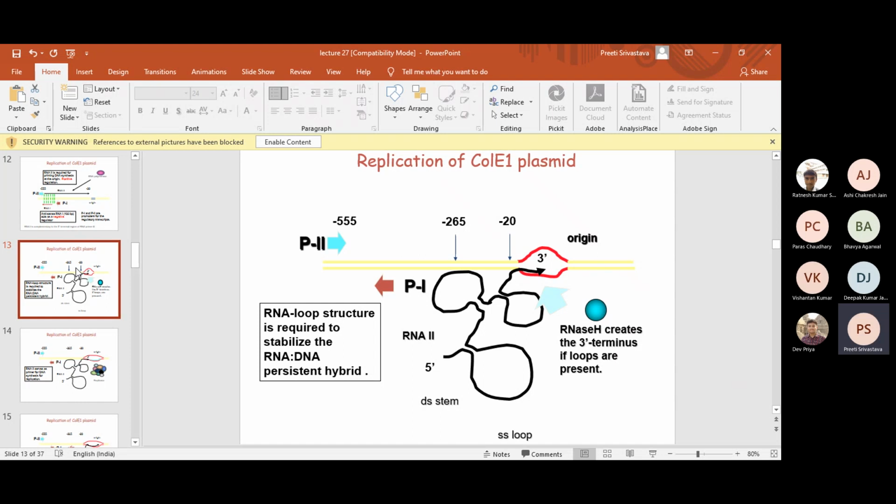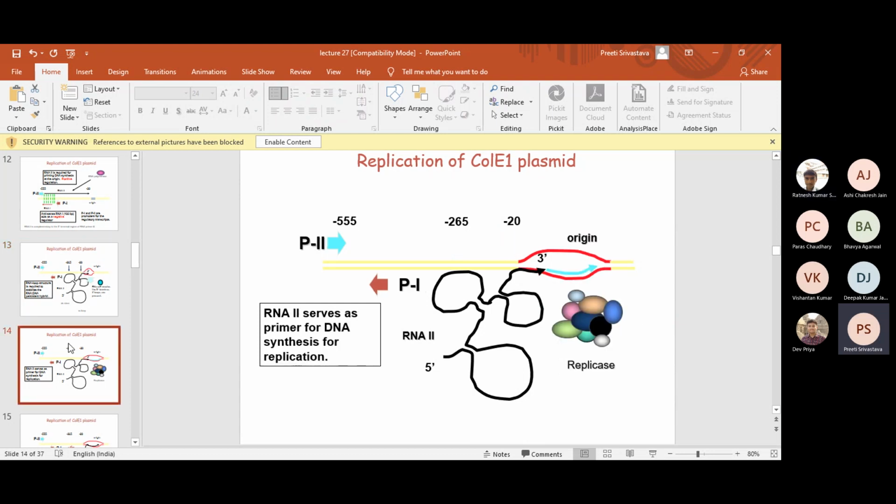Primase, the main primase, is required for chromosomal replication. For plasmid replication, the plasmid has its own mechanisms. There are multiple plasmids which do not have them, but some plasmids have developed their own mechanisms, and in the next few slides you will realize why and how useful it was to have its own mechanism.